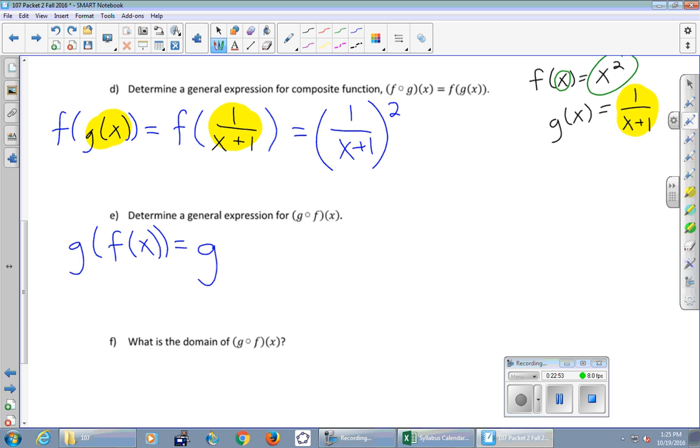G. Okay, so this is g of something. Okay, inside here is f of x. Inside here, we need to put f of x. What is f of x? Oops. It is x squared. So that thing right there is right in here. Everybody see it? Just replacing f of x with the formula, x squared. Okay, and again, here's the tricky part.